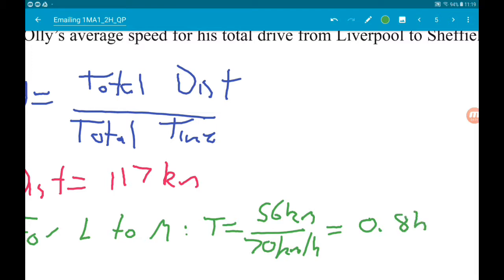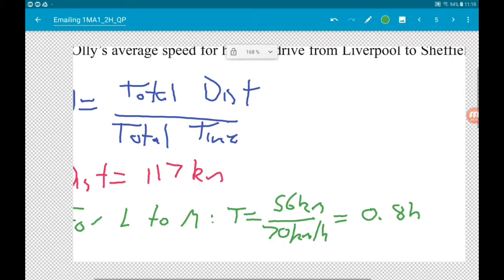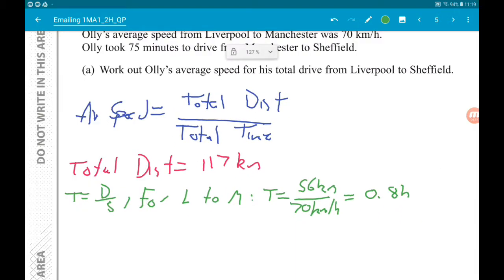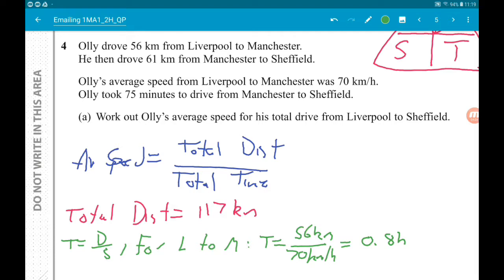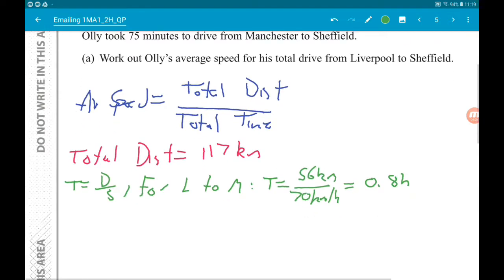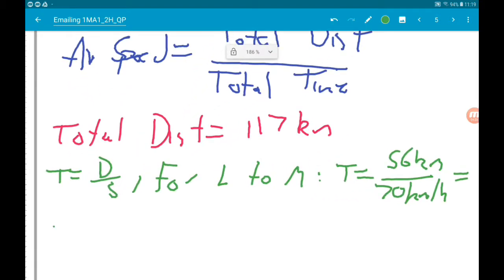Okay, so now that we know that, we also need to work out what 75 minutes was in terms of hours. So 75 minutes, well, that's 1 whole hour, 60 minutes, add 15 minutes, which is a quarter of an hour.